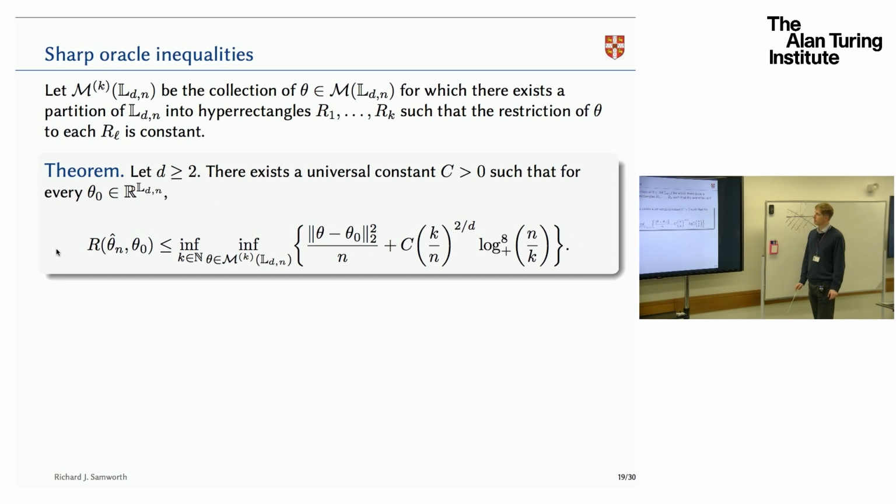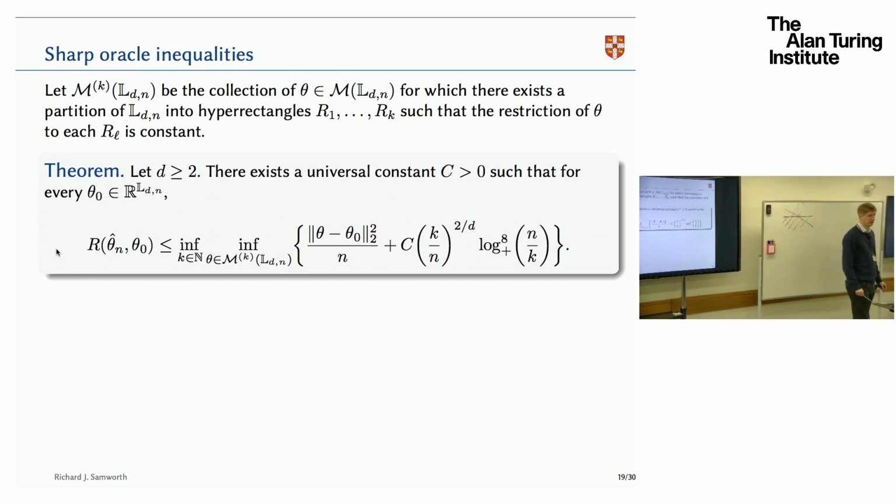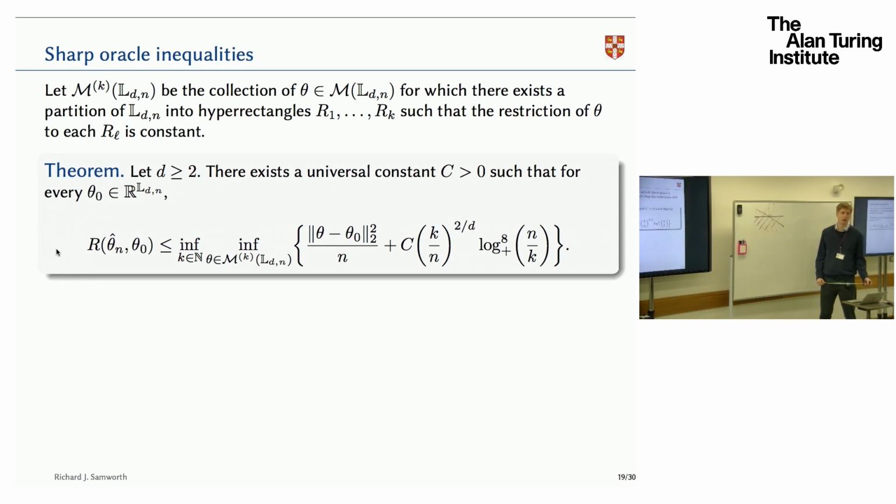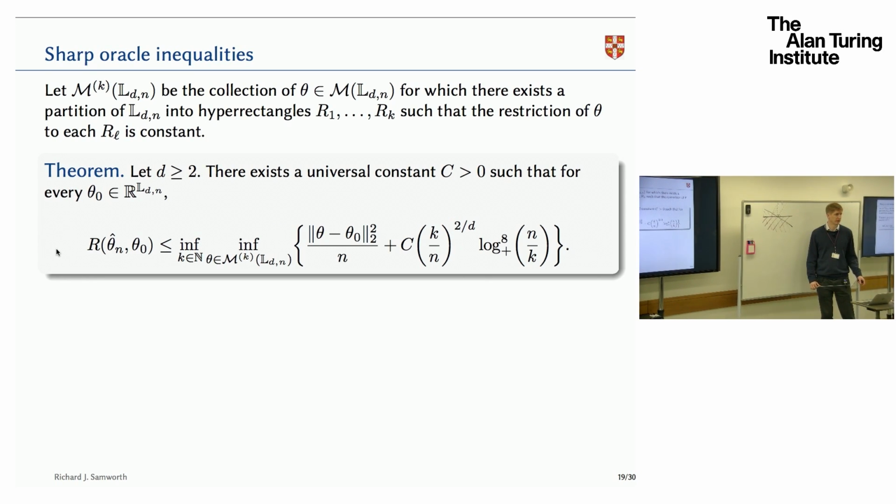So the simplest possible case here would be, let's say that the true theta 0 is constant. That means that k is 1 here. This term I could then think of as vanishing, and I'm getting an adaptation rate of n to the minus 2 over d instead of n to the minus 1 over d, again ignoring the logarithmic factors. So I'm getting a faster rate of convergence than I would have had over the larger class.